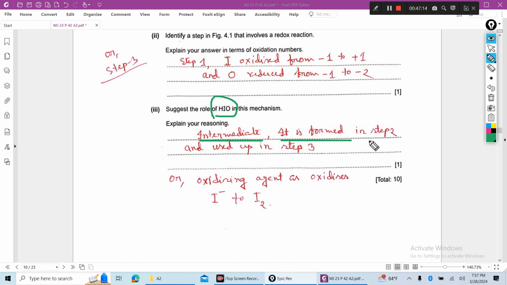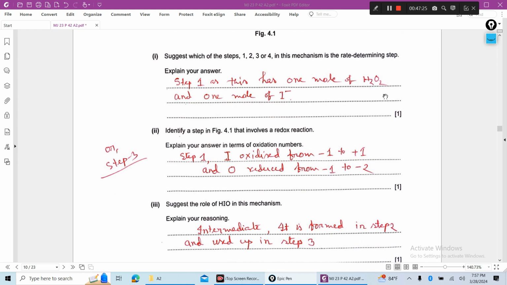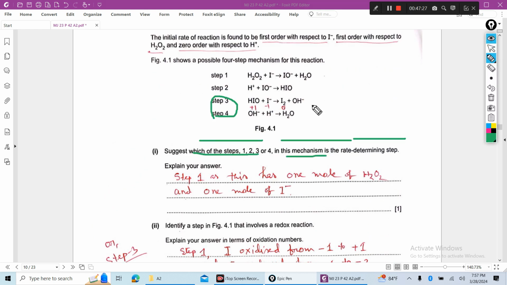It is produced in step 2 and again used up in step 3, so it is formed as an intermediate. You see in step 2 HIO is produced, and in step 3 HIO is used up. That means the role of HIO is as an intermediate.